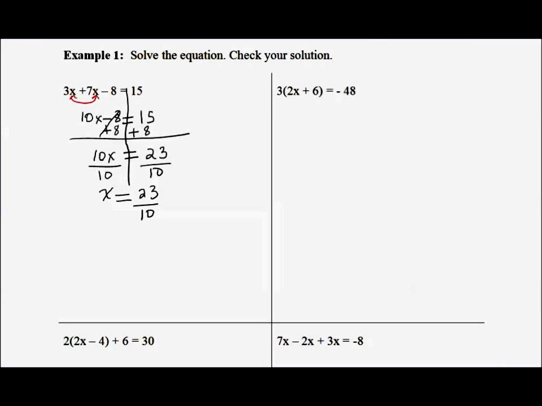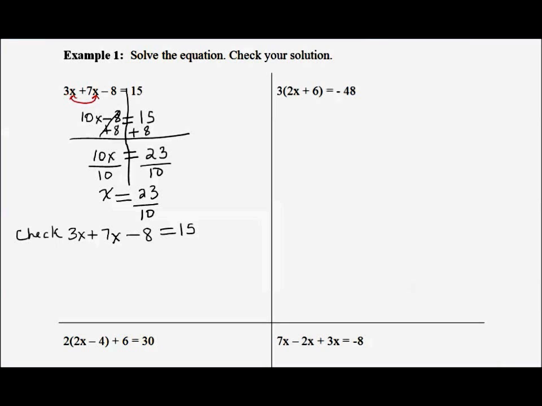Now in this lesson, I'm not going to check all of my solutions, because if I did, that would make the lesson extremely long. But I will check this first one, and from here on out I won't check anymore. Okay? So the original equation was 3x plus 7x minus 8 equals 15.